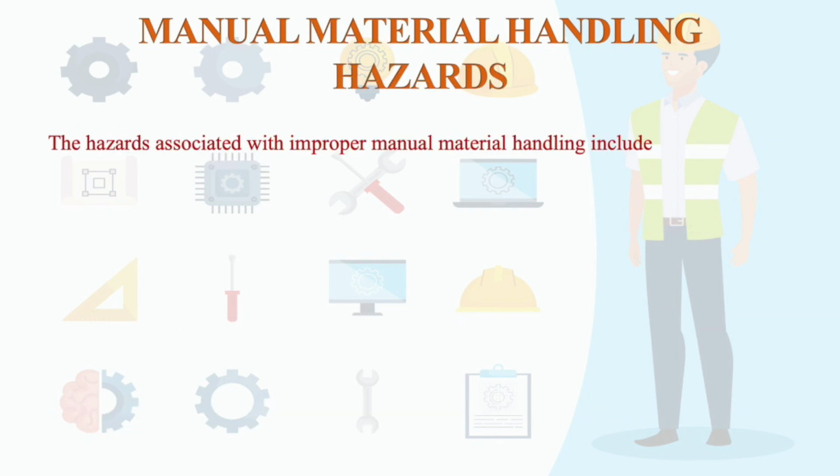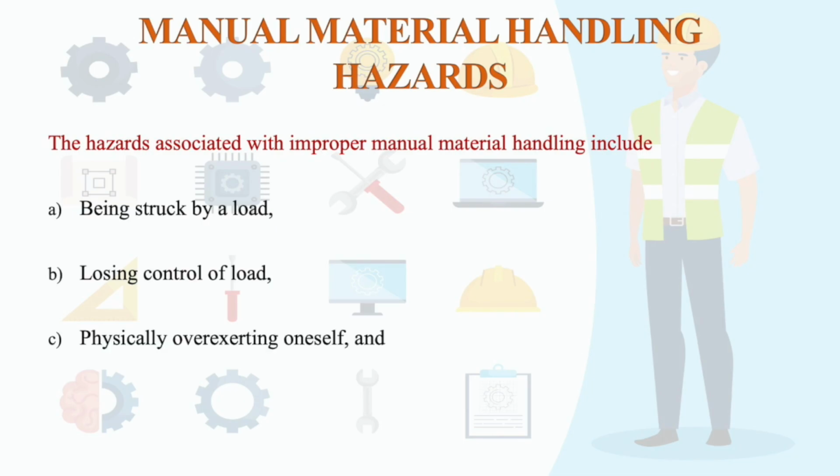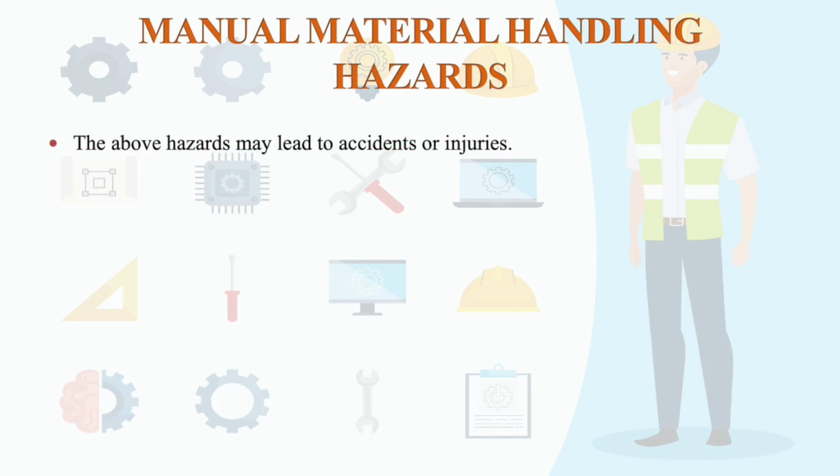The hazards associated with improper manual material handling include being struck by a load, losing control of load, physically overexerting oneself and exceeding equipment capacities. The above hazards may lead to accidents or injuries.